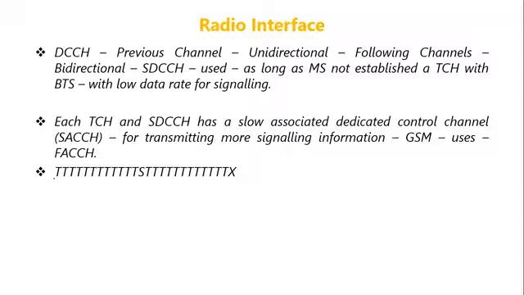Here, T represents the user traffic in the traffic channel at full rate, and S represents signaling information in the SACCH, the slow associated dedicated control channel.